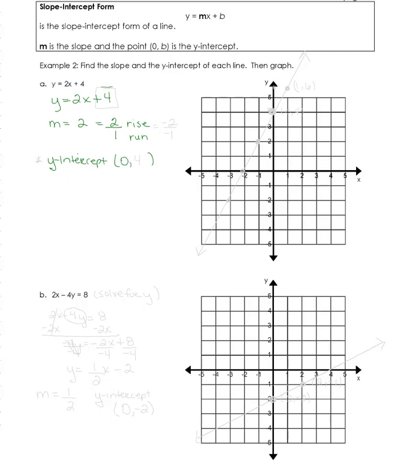This last constant term, this plus 4, is your y-intercept. So your point is (0, 4). Your y-intercept will be your starting point. And what I said last week, your y-intercept will always be a point on the y-axis.